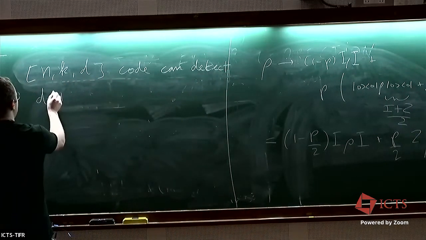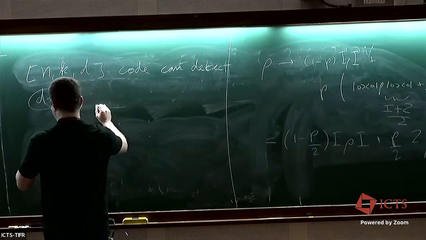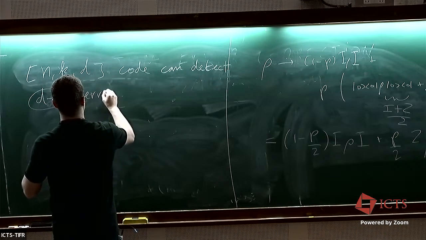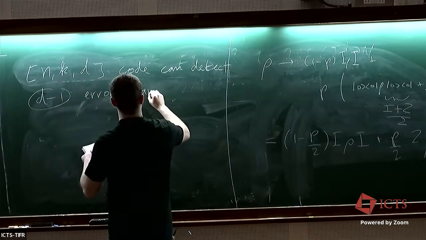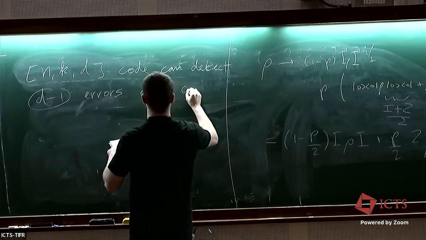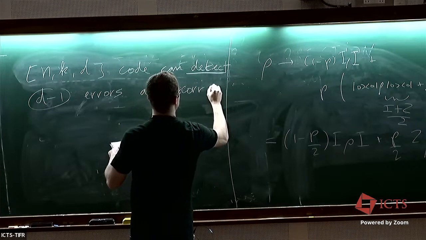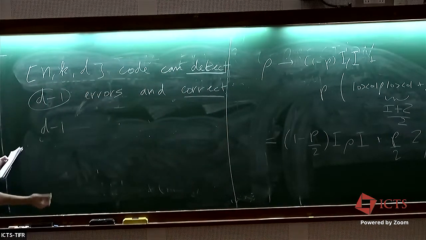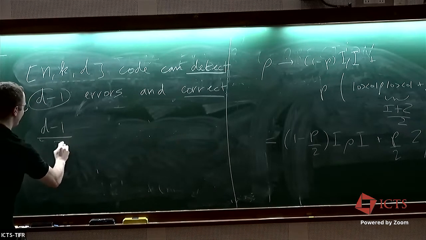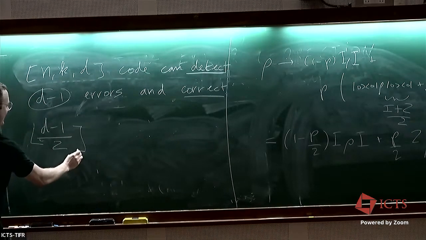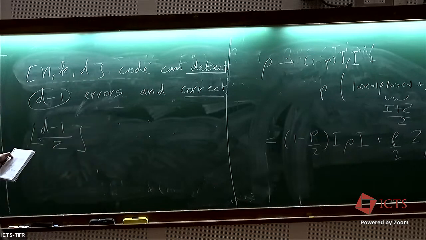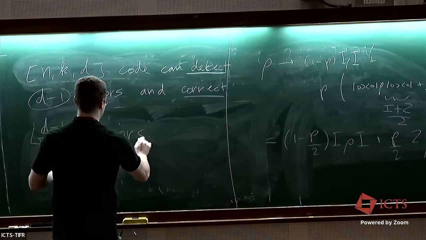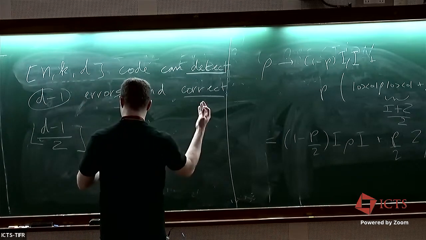But we can only correct (d minus 1) over 2. To correct, I need to go back to the correct code word, and therefore I need to know in which circle I am. You need to find the closest logical code word to where you are.